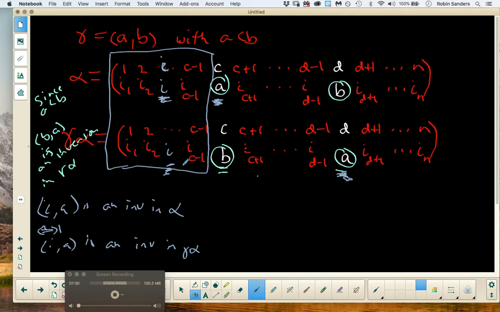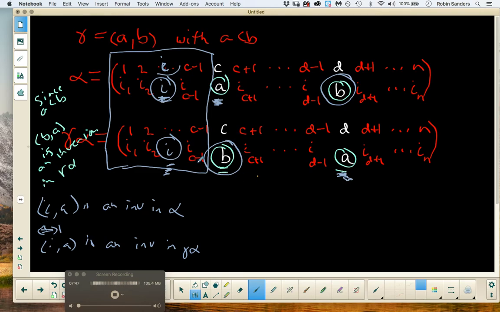On this particular thing, I also want to notice the same thing happens with B. If this I and that B are an inversion up there, this I and this B are an inversion down here.